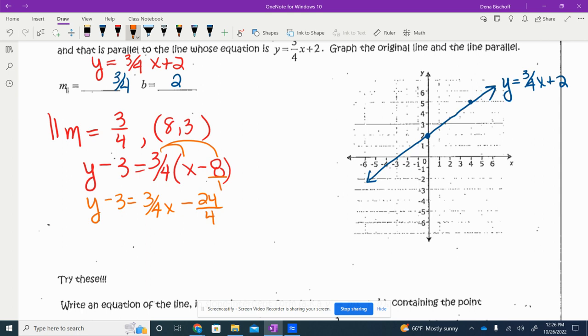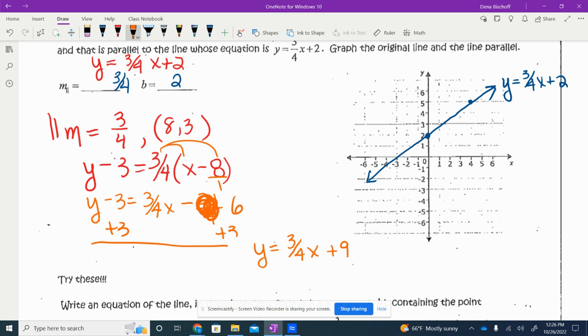What does 24 divided by 4 equal? 6. So I'm just going to write 6. I'm trying to get y all by itself. So Kane said add 3 to both sides. So in slope-intercept form, my equation is y equals 3/4 x plus 9.